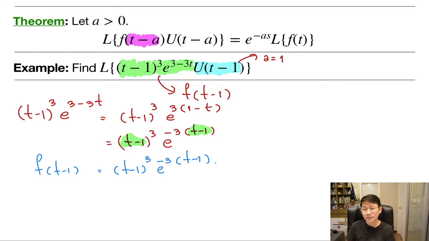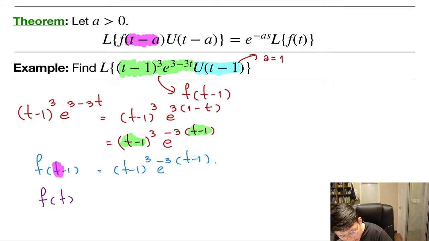Okay. f(t-1) is (t-1) cubed e to the minus 3(t-1). In that case, we have f(t). Basically, you substitute t-1 with t.